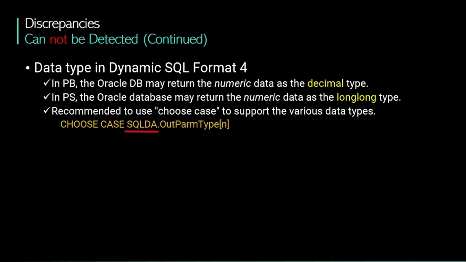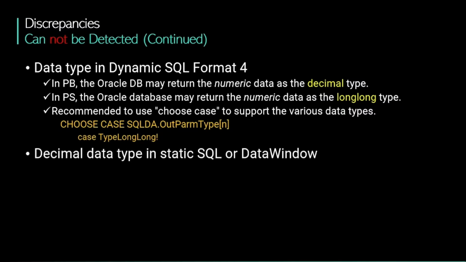For example, SQL descriptor area, SQLDA.OutParmType, and of course this is an array. So you can check, for example, whether the one coming back in that particular array, 1, 2, 3, 4, whichever the argument is, is of type long. And then you can make the appropriate processing determination at that point.